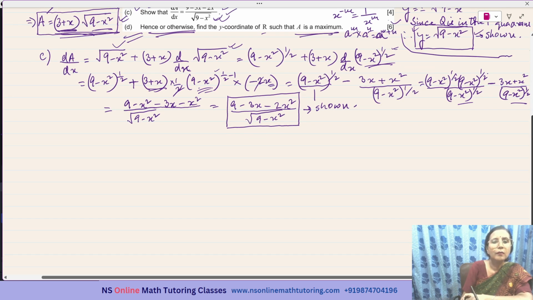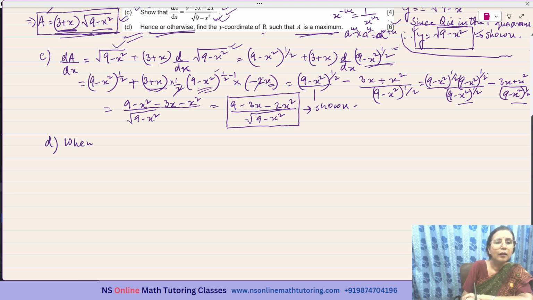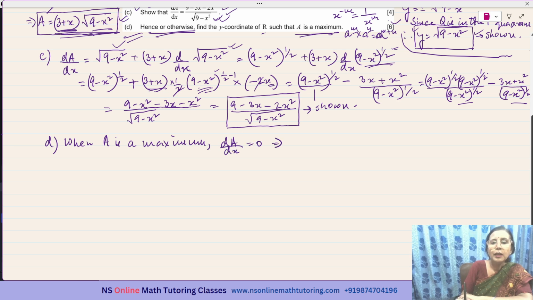So when A is a maximum, dA by dx is equal to 0. Implies 9 minus 3x minus 2x squared over square root of 9 minus x squared is equal to 0, because dA by dx is having this expression.